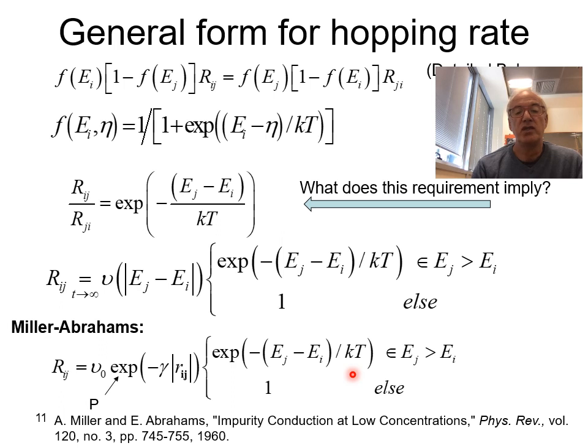Before we proceed, I have to make some type of comment. In 2000, when we decided to go deeply into these hopping rates, we read carefully this paper that everyone cites, and got extremely frustrated.